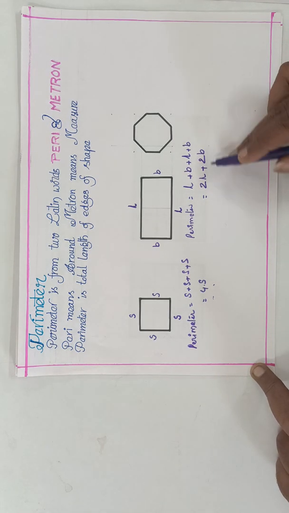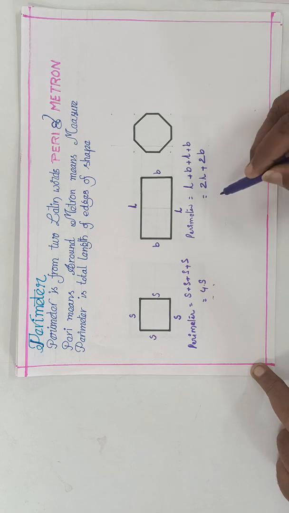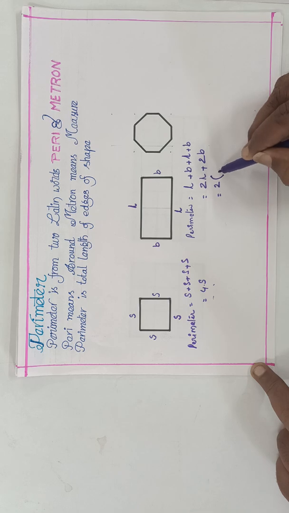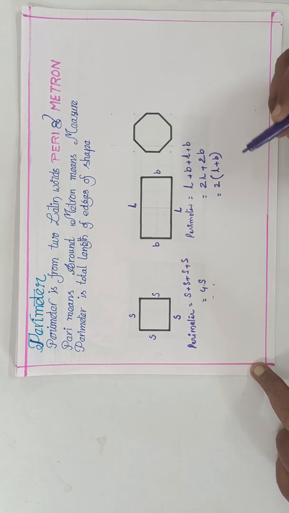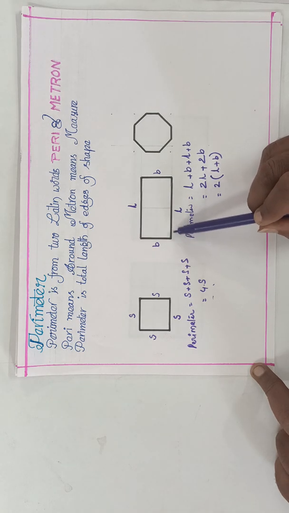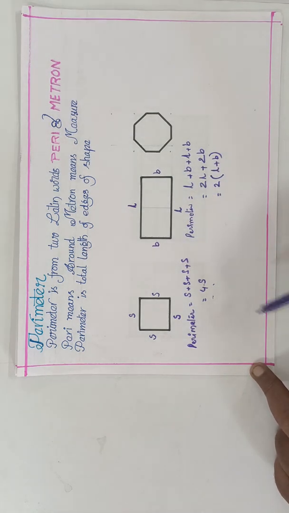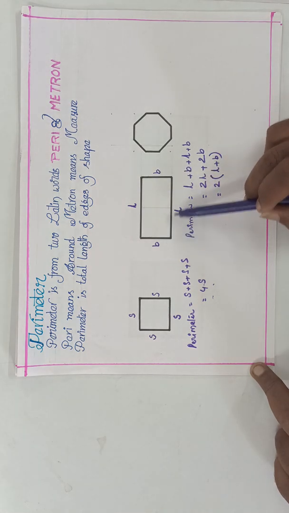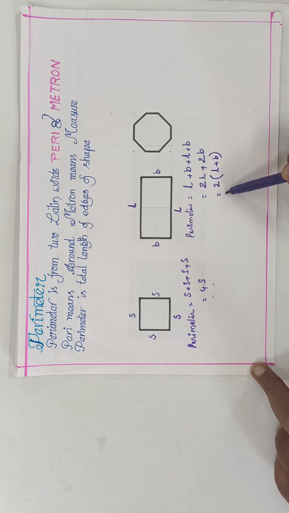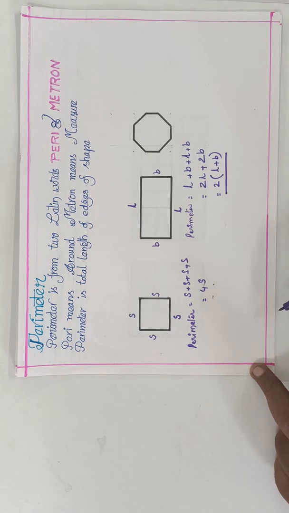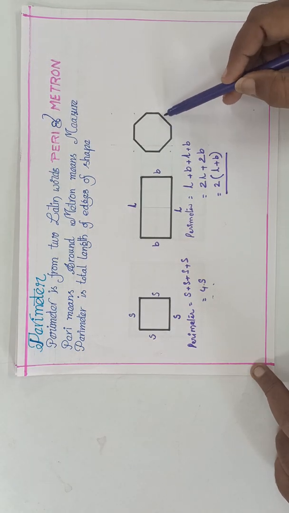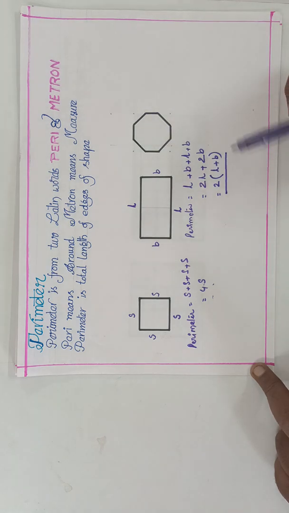If you observe, 2 is common, so please take 2 as common, then it becomes 2 of L plus B. So if the opposite sides are equal, then the perimeter of this particular shape, a rectangle, is 2 of L plus B. And if you see this shape, it has 1, 2, 3, 4, 5, 6, 7, 8 sides.